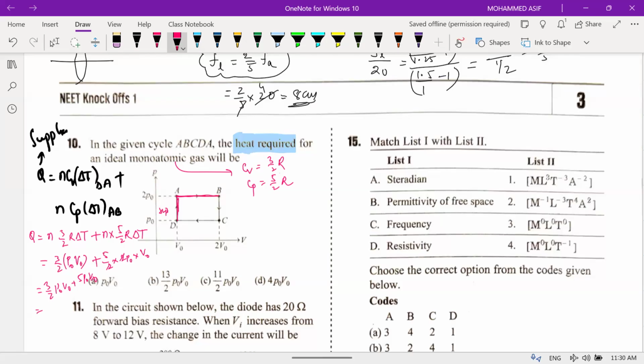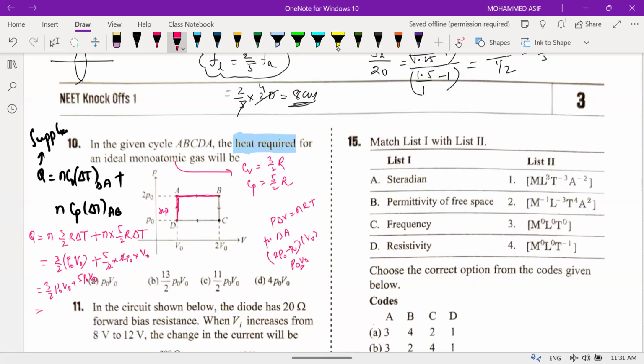Got it? For D to A, work done is P into delta V, which equals nR delta T. For the D to A process, pressure is 2P naught minus P naught, into volume V naught, which is nothing but P naught V naught.